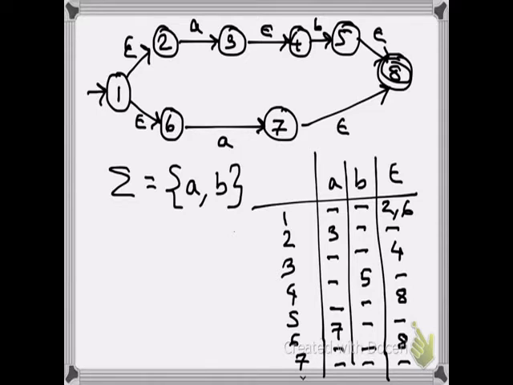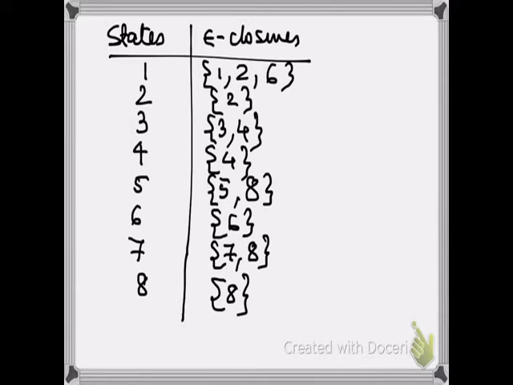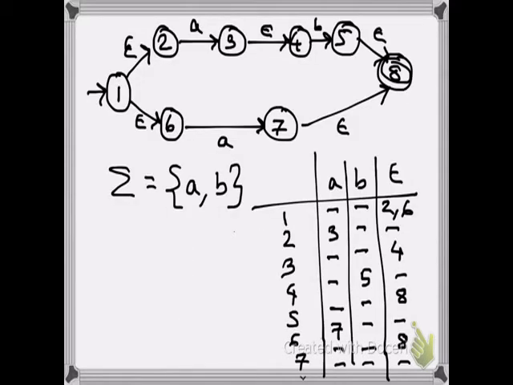So now in the next step, let us construct the epsilon closures of each of these states. As I have already constructed out here, you can see for state 1, the epsilon closure is 1, 2 and 6, and you can see why. Because for state 1, on epsilon it goes to 2 and 6.